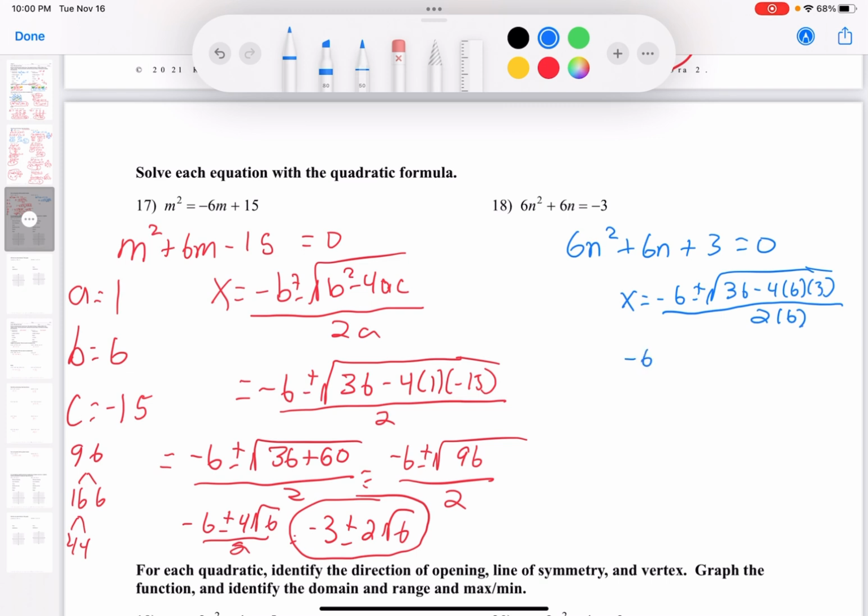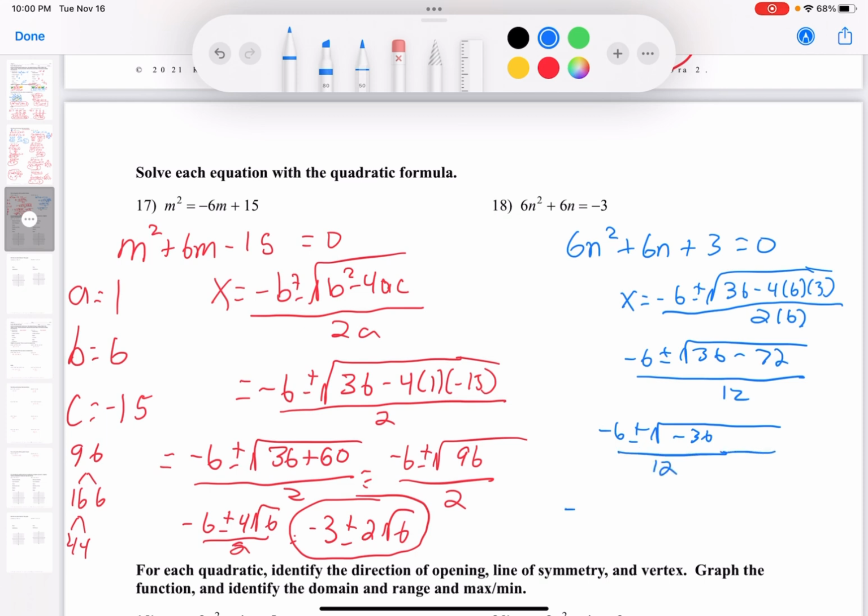So that's negative 6 plus or minus the square root of 36 minus 24 times 3, 72. All divided by 12. So that's negative 6 plus or minus the square root of negative 36 over 12.